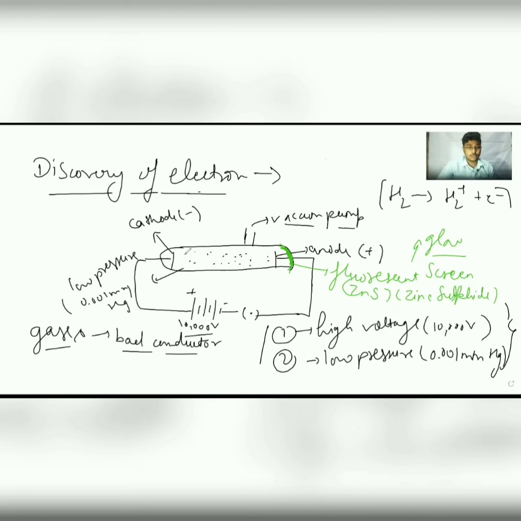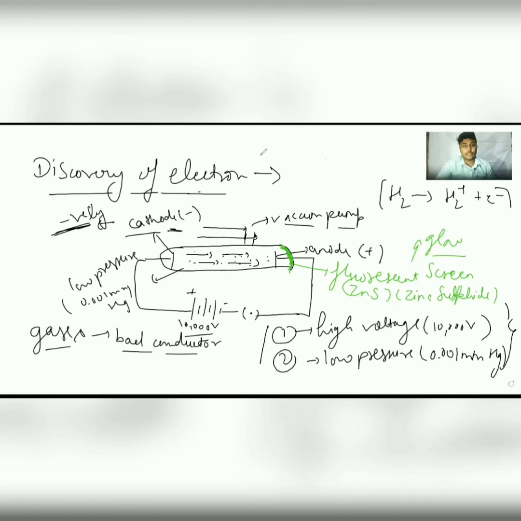Due to this glow, we may say that there was something which was produced from the side of cathode and traveled toward anode. Because cathode is a negatively charged rod, we may consider that the particle which was produced from the cathode also contains a negative charge.